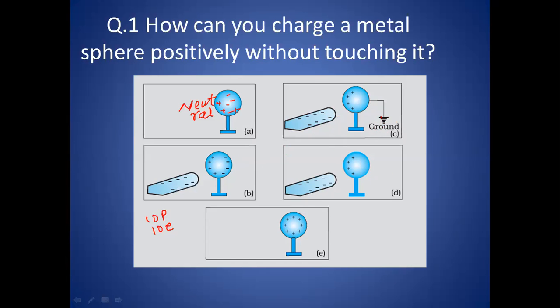Once you remove the sphere from the grounding, the situation will be like this. Now when you remove this negative plate far away, the redistribution of positive charge will take place. So we get positive charge here as per our question.